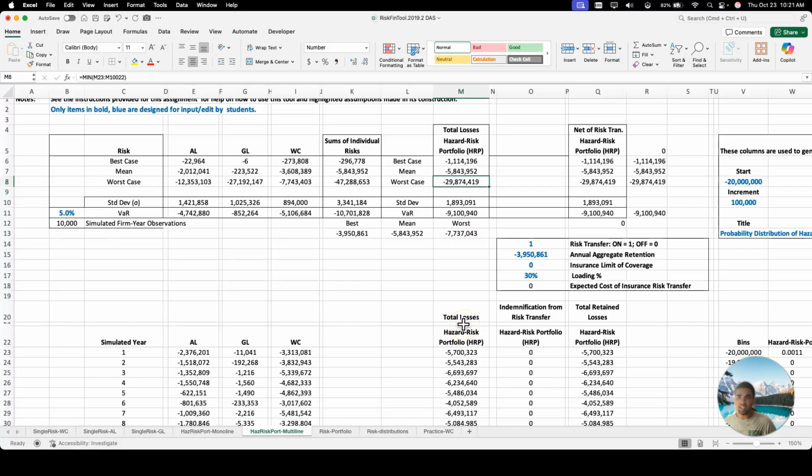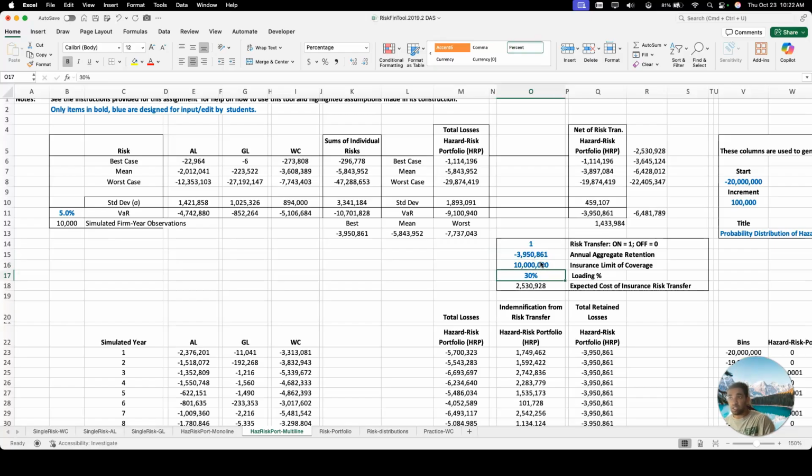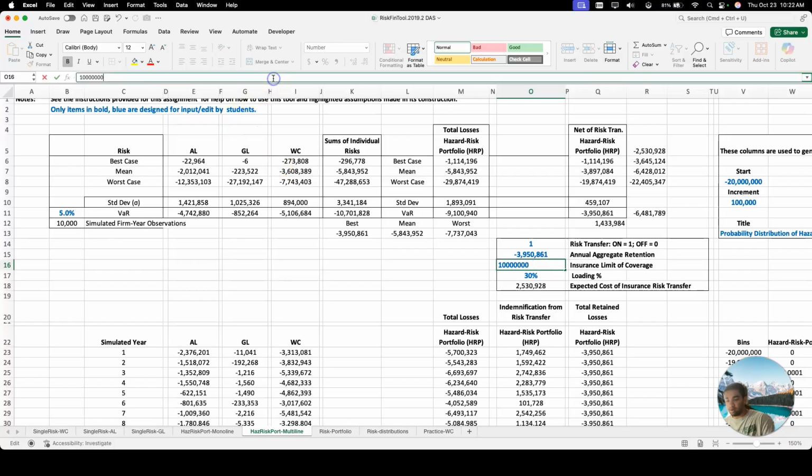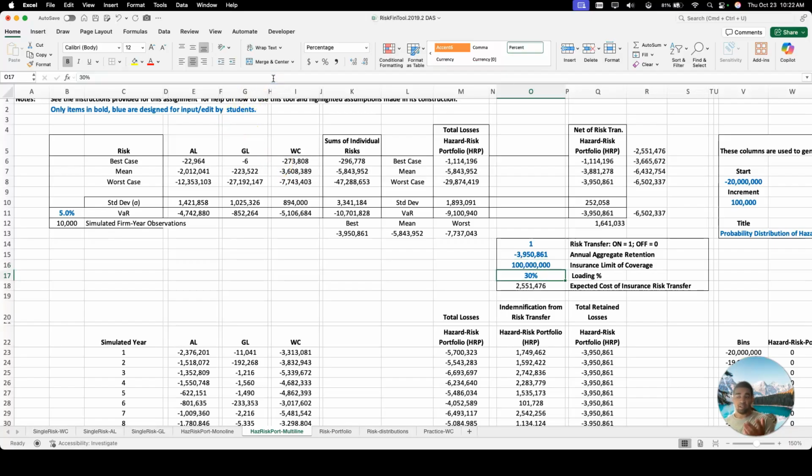So what is the limit of coverage that will best work with our retention level? To be safe, you could go 100 million, and that's not 100 million, I forgot a zero. You could go 100 million and say, okay, that's the number. But how do we hone in to the max limit of coverage?